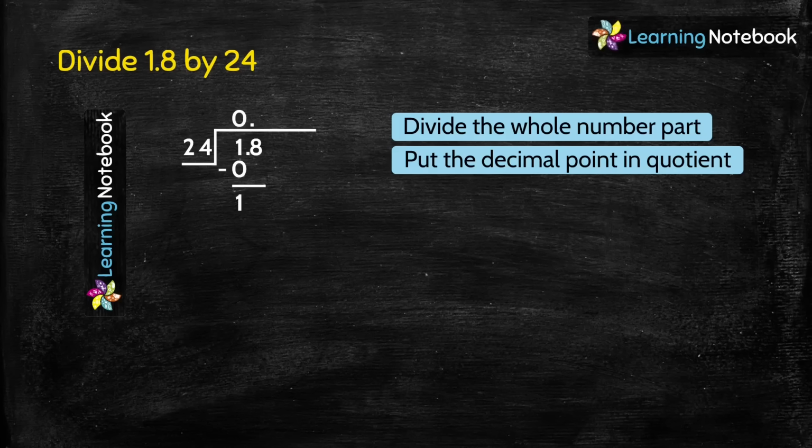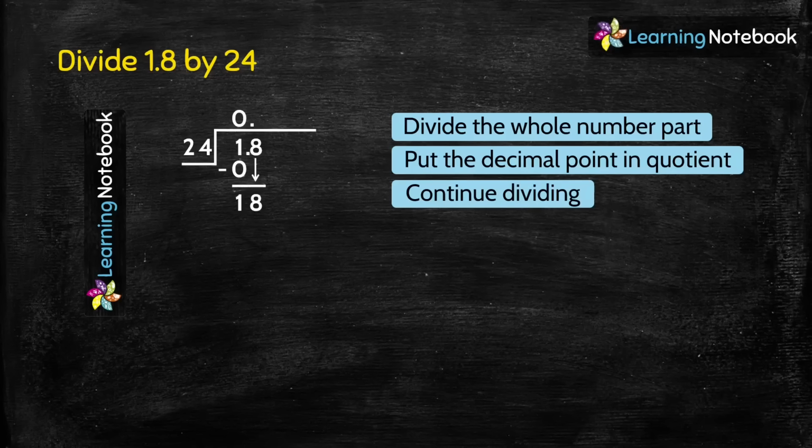Now let's continue with the division. Copy the next digit 8. Again 18 is smaller than 24. So we will do 24 into 0 equals 0. And 18 minus 0 equals 18.